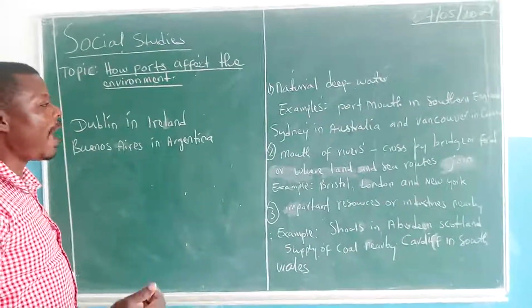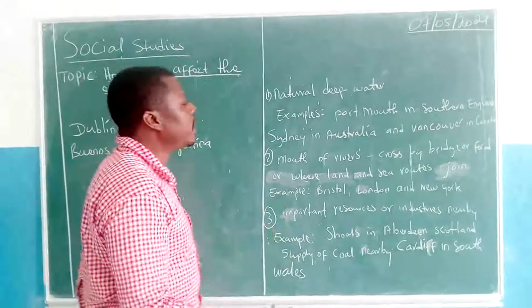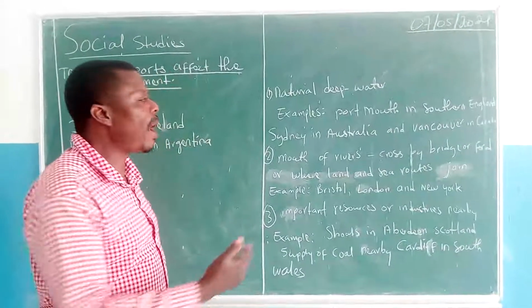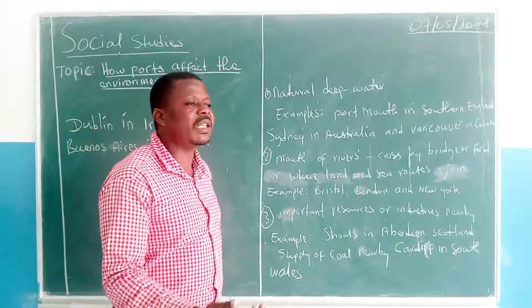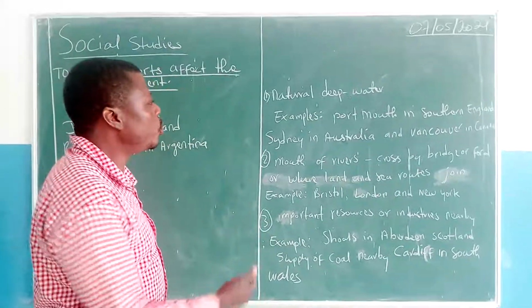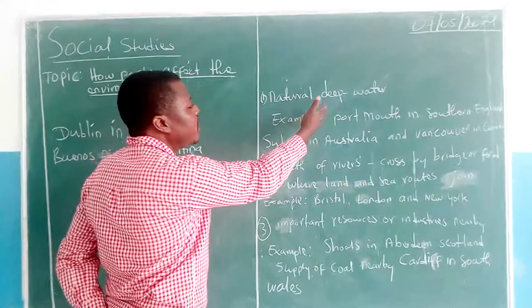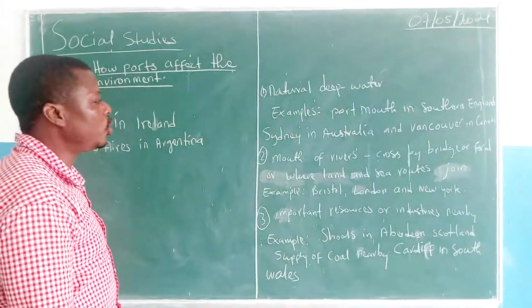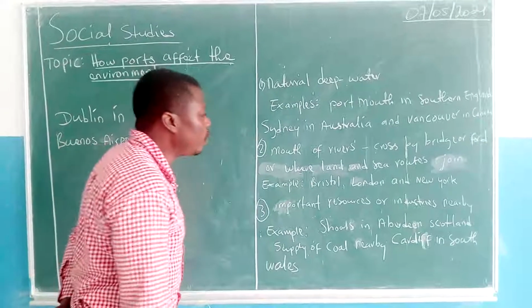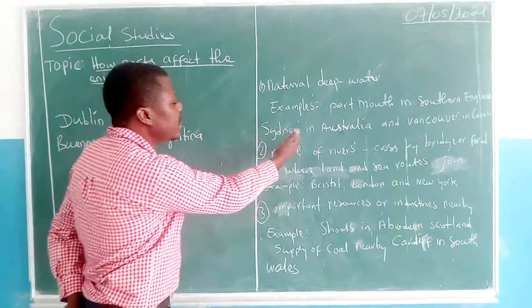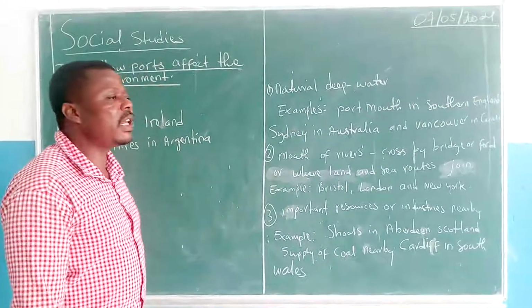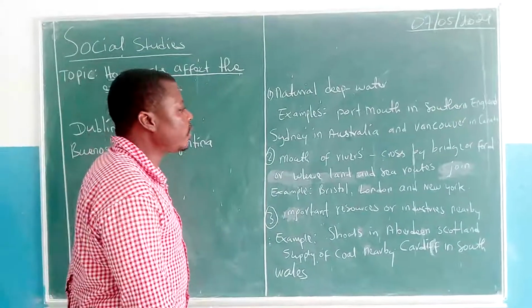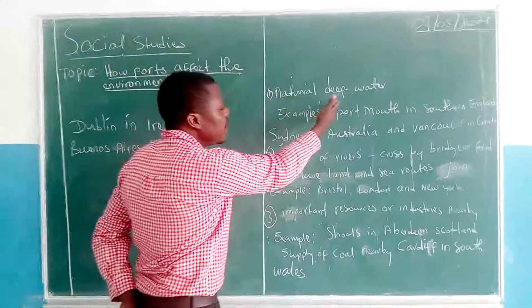And we saw examples. Portsmouth in southern England is one of those cities that have developed due to the availability of deep water where boats and ships can launch. The second example is Sydney in Australia, another major city that has grown because of the availability of deep water.